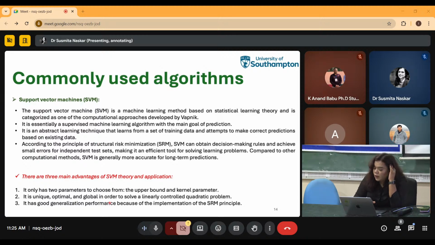Due to the structural risk minimization approach, SVM models tend to generalize well to new, unseen data, and that makes them highly reliable. Overall, if you look at the support vector machine algorithm, it contributes a very strong theoretical background with practical benefits. That makes it one of the most widely used and effective algorithms for classification, regression and many other predictive tasks.